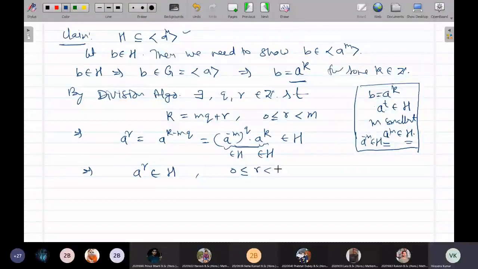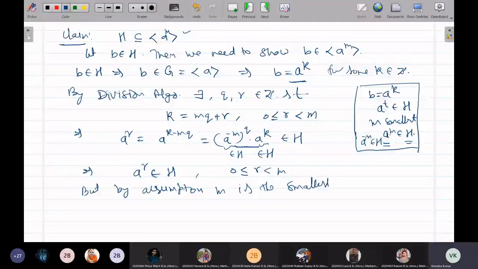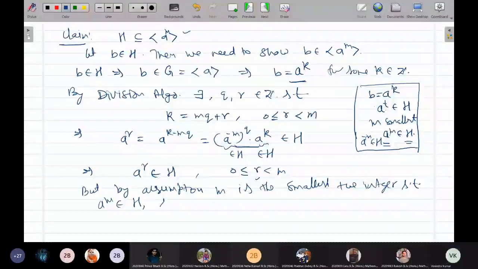But by assumption, m is the smallest positive integer such that a raised to power m belongs to H. But we have another element, r, which is less than m, and this also belongs to H. So what is the possibility?